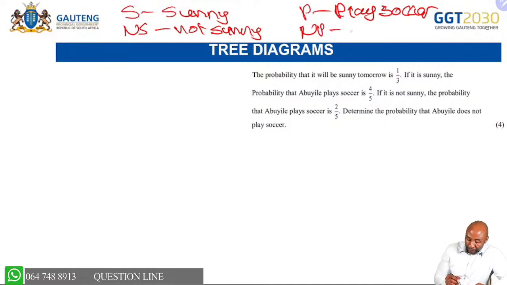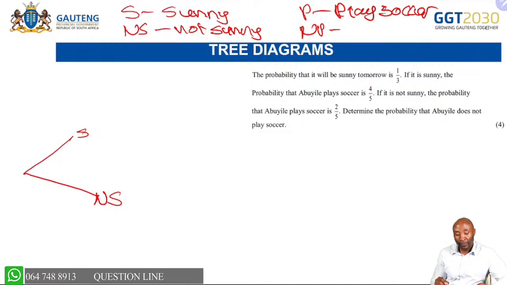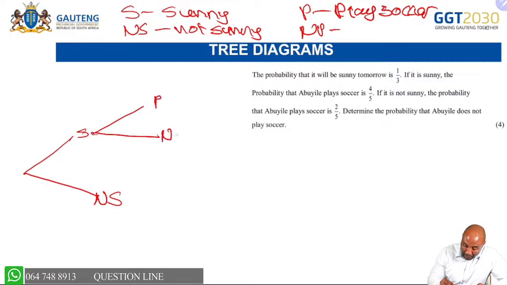So now, to start our tree diagram, we are looking at the weather conditions. It can either be sunny or not sunny. So if it's sunny, Abuile can play or he cannot play. If it is not sunny, he can still play or not play.